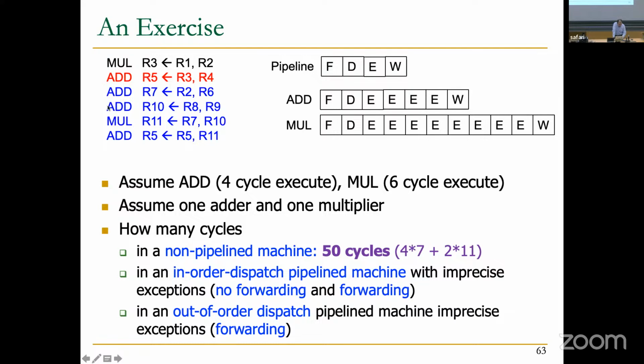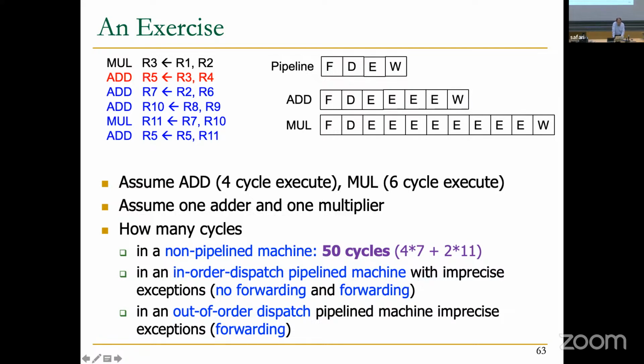We have 4 additions, and each addition takes 7 cycles: fetch, decode, 4 cycles to execute, and then write back. So it's 4 times 7, and we have 2 multiplications, and each of them will take 11 cycles. So in general, it's going to take 50 cycles if it's non-pipelined.